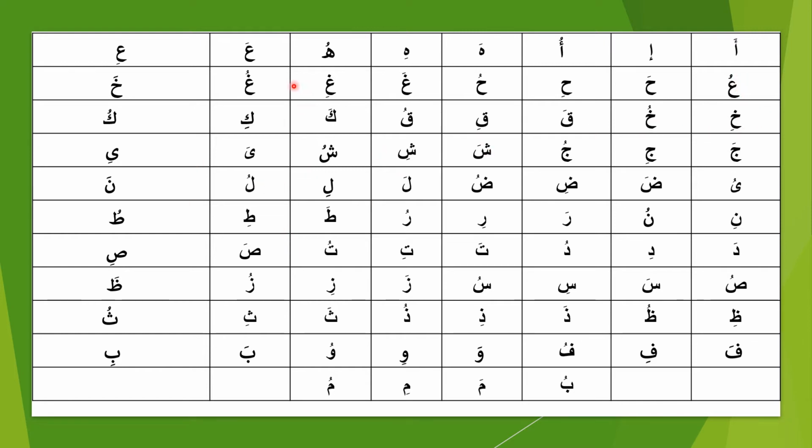If you speak only English or similar languages, saying the letter ha or ghain right here, or kha, maybe the qaf, might be difficult to pronounce at the beginning, but it's best to pronounce it and listen to it.